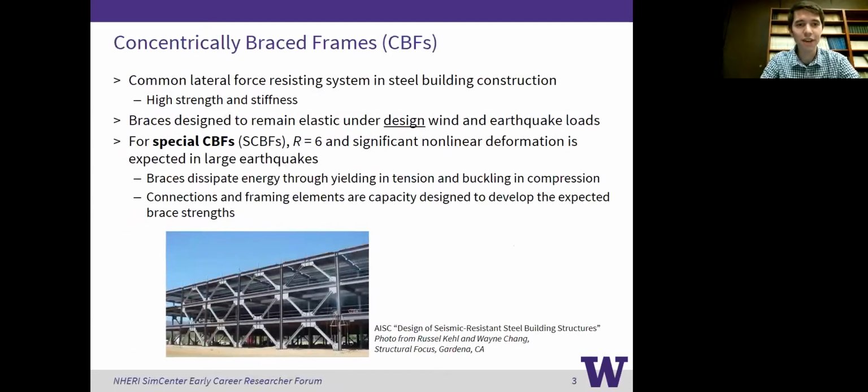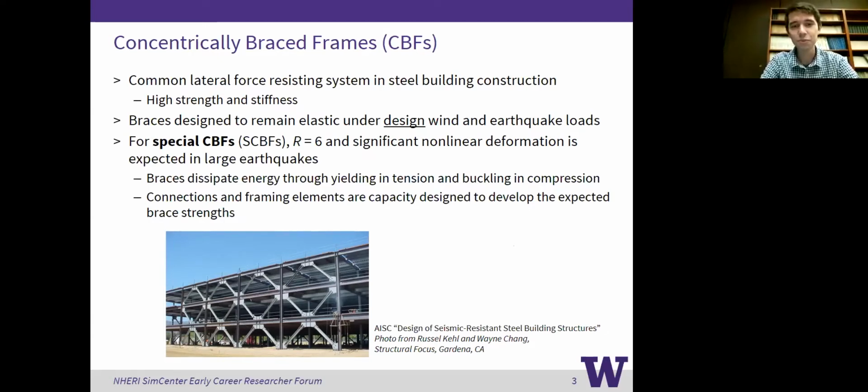I suspect many of you are already familiar with the concentrically braced frame as a lateral force resisting system, but it's a very common one in steel construction, particularly because it has high strength and stiffness. We really design the braces to remain elastic under the design wind and earthquake loads.